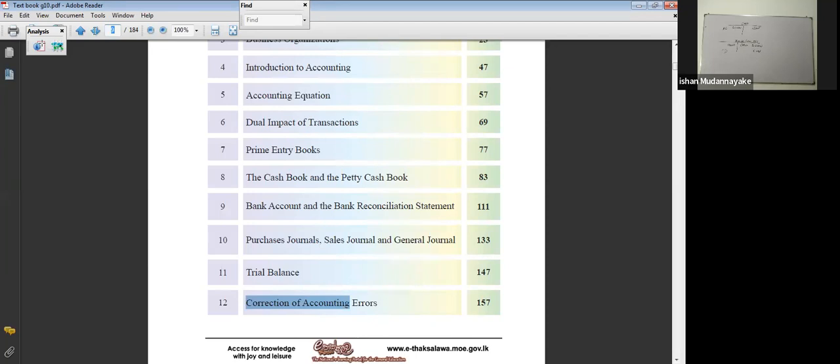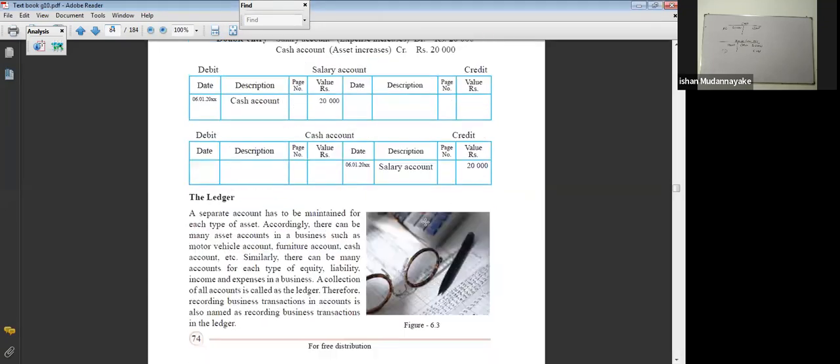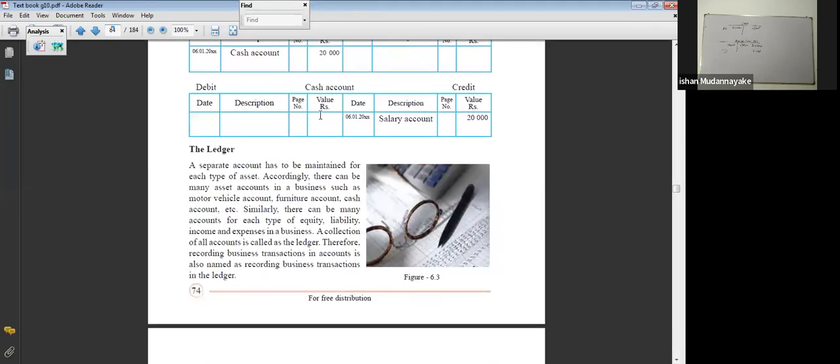Go to page number 74. Yes, Inuki, correct. Right, Inuki, you are very good. Page 74, grade 10 textbook.